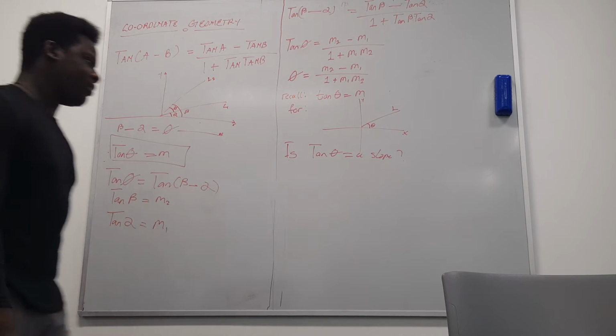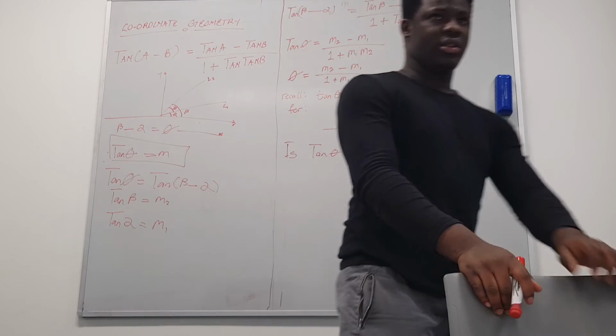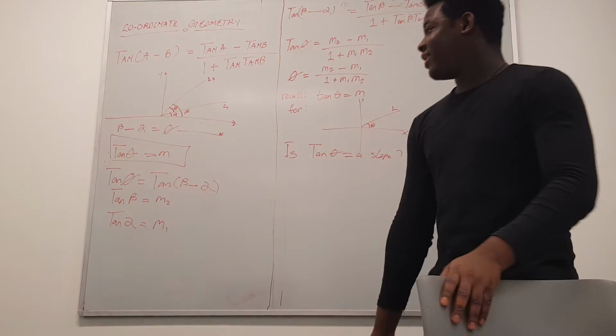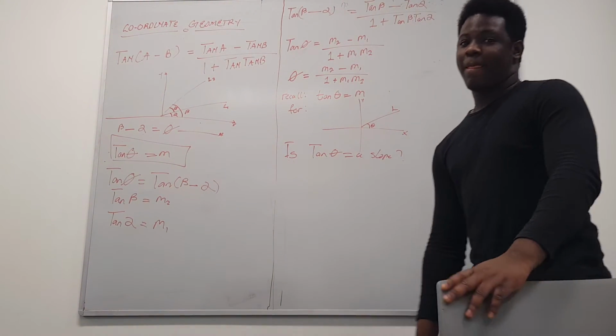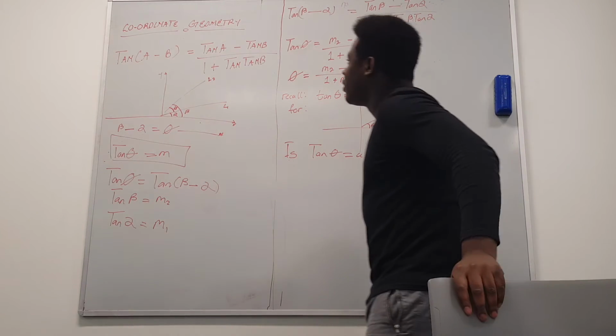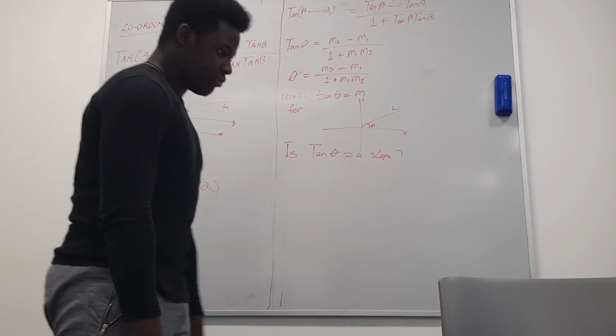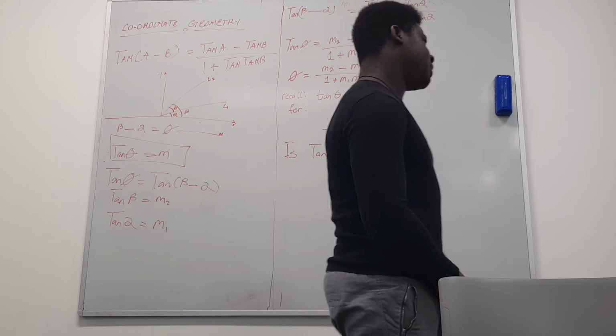And well, perhaps surprisingly or unsurprisingly, the answer is yes. It is equal to a slope, but it's equal to a slope in a different coordinate system. And what's that different coordinate system?